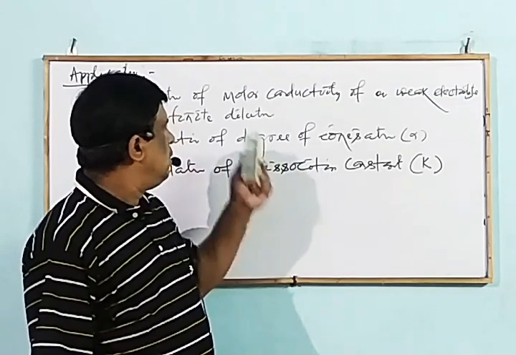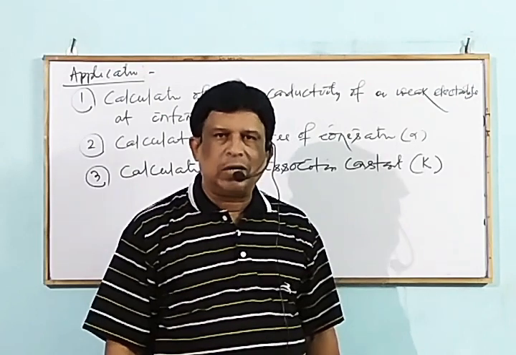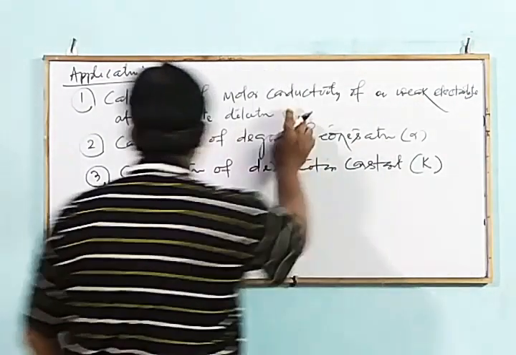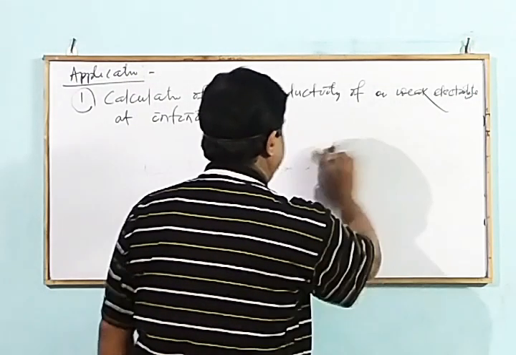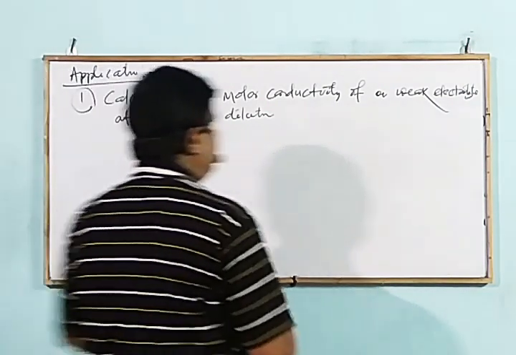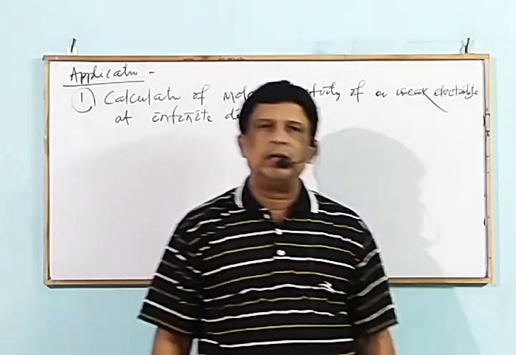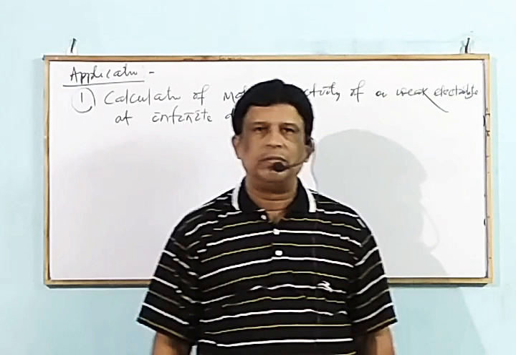First one is calculation of molar conductivity of a weak electrolyte at infinite dilution. By definition, we know that a weak electrolyte is partially ionized, weakly ionized.